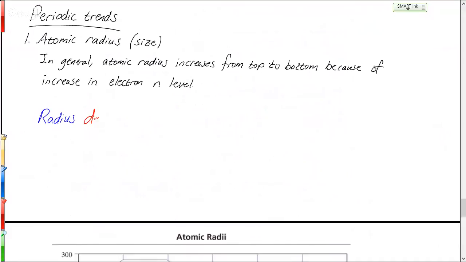Let's emphasize this because it is a little counterintuitive at first.